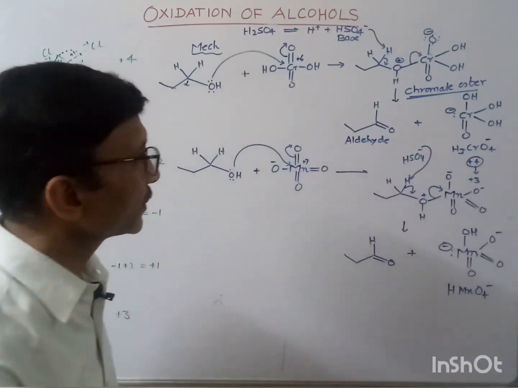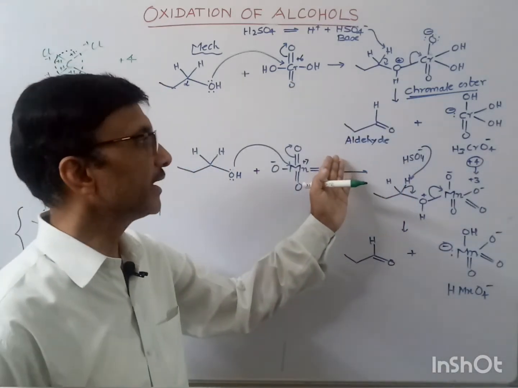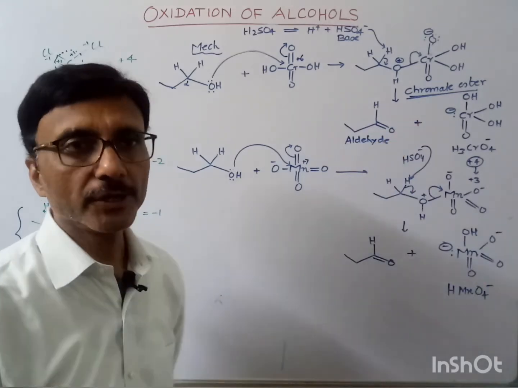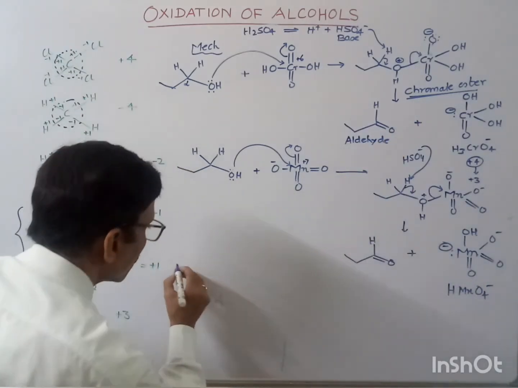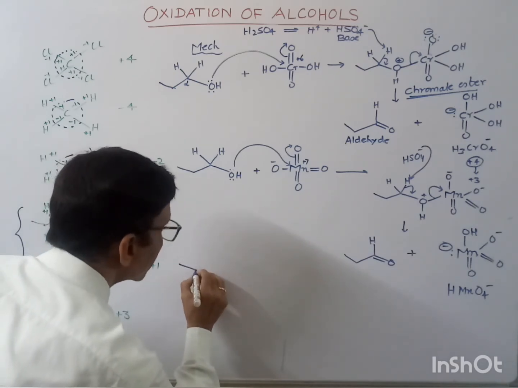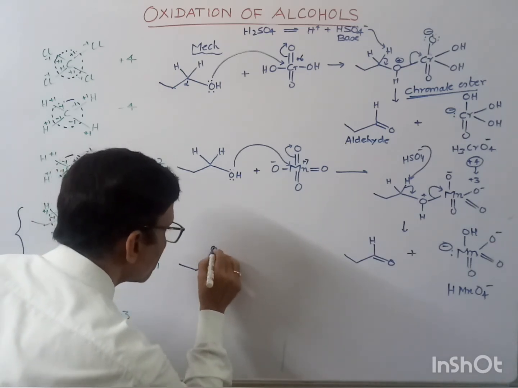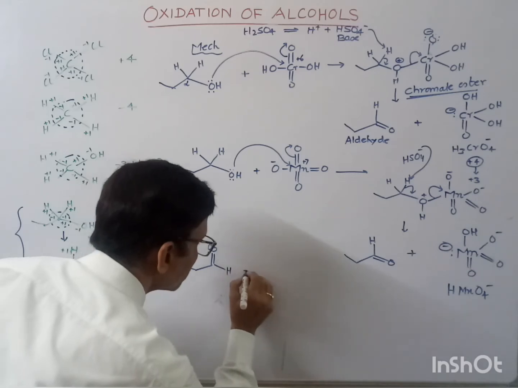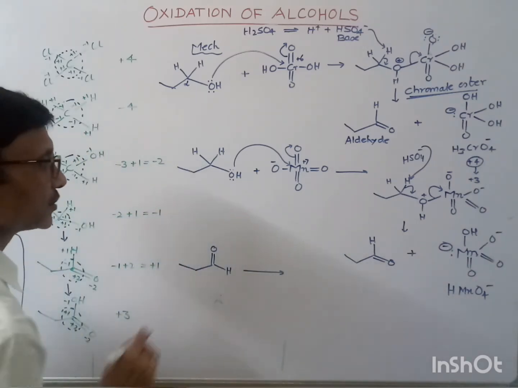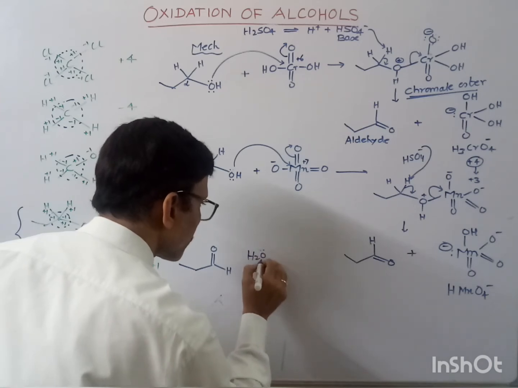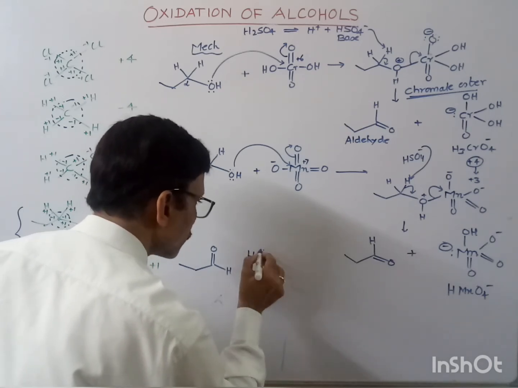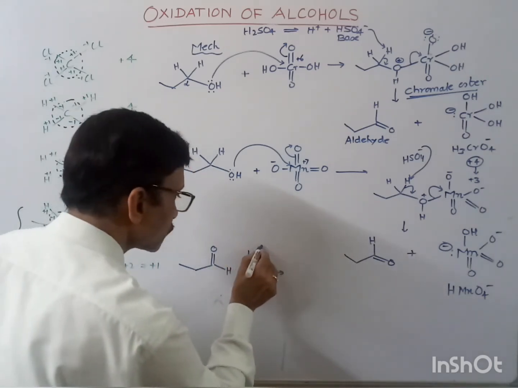So now this aldehyde would be converted into acid. Let us see the mechanism for how this aldehyde is converted into this acid. We have water as a base, a nucleophile, water as a nucleophile.